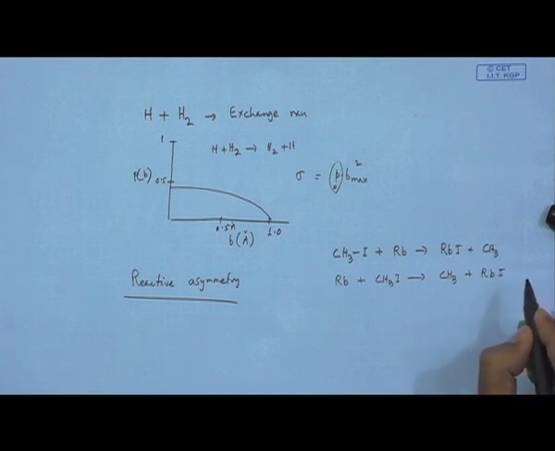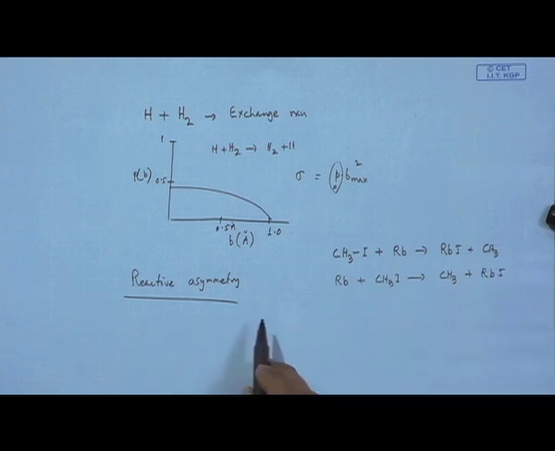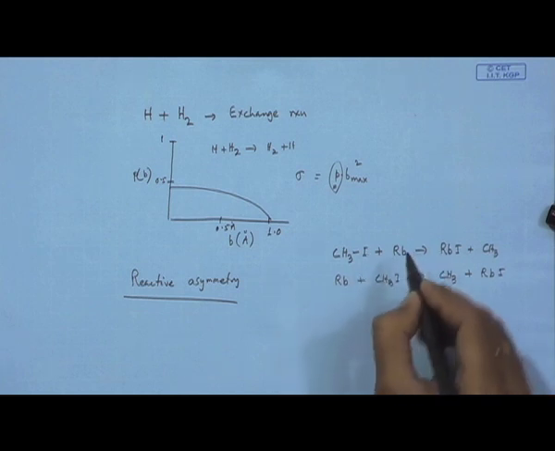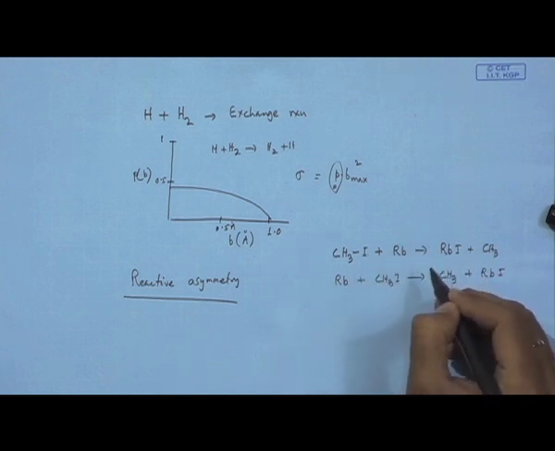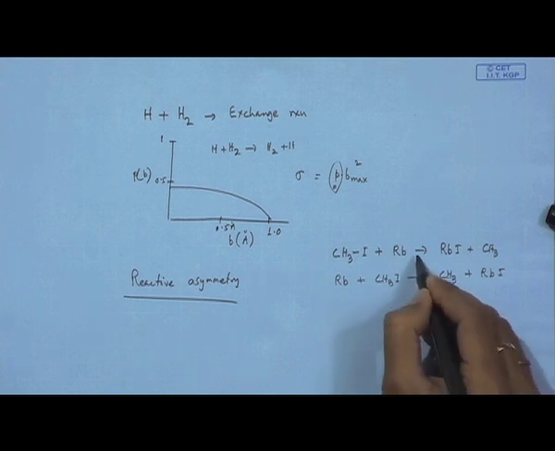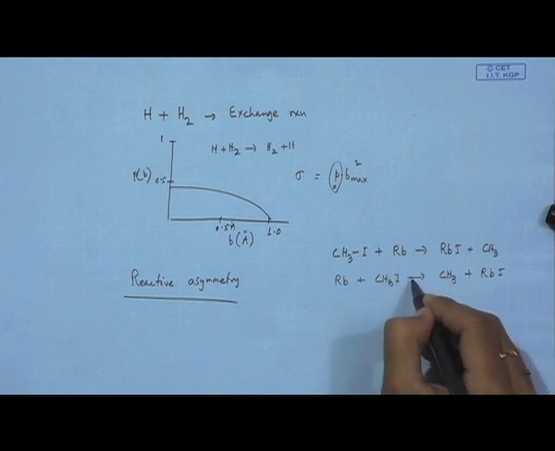Okay. Now, reactive asymmetry means it may be called a more favorable orientation than this one. So, the reaction is expected to occur more favorably over here than in this pathway.